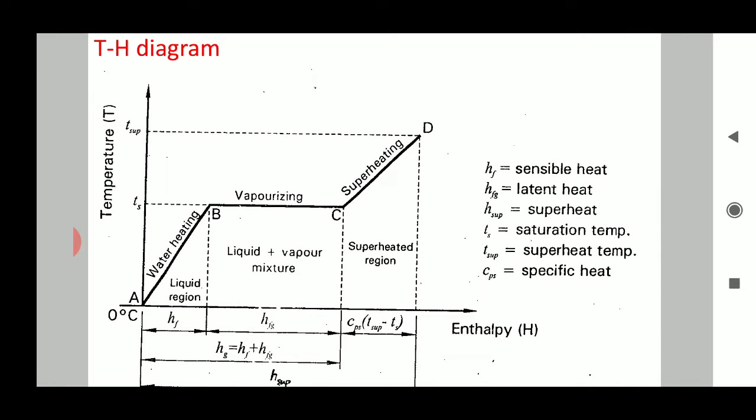From B to C, if the steam condition is anything between the point B and C, that is a wet steam, and when it reaches point C, that is a dry saturated steam. Above that, if the steam condition is between C to D or up to D, that steam is superheated steam.